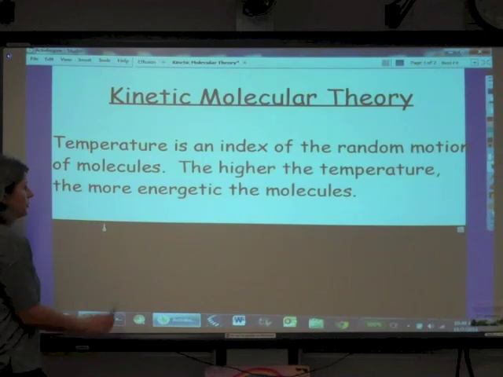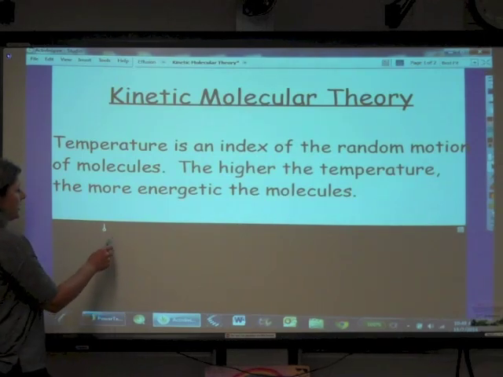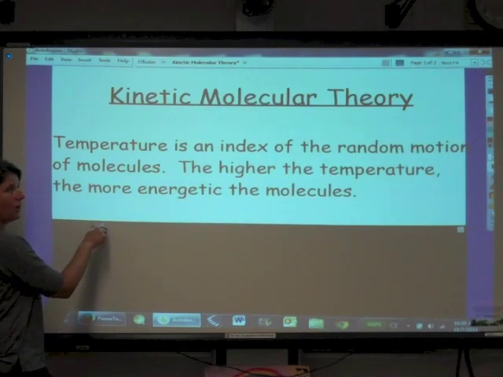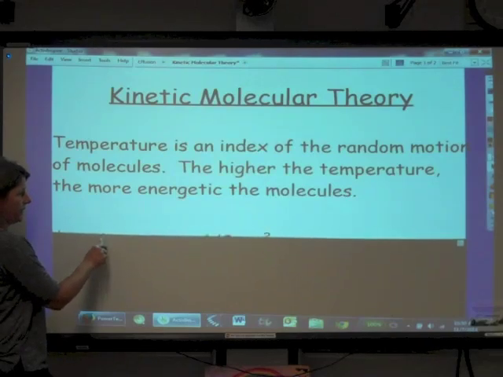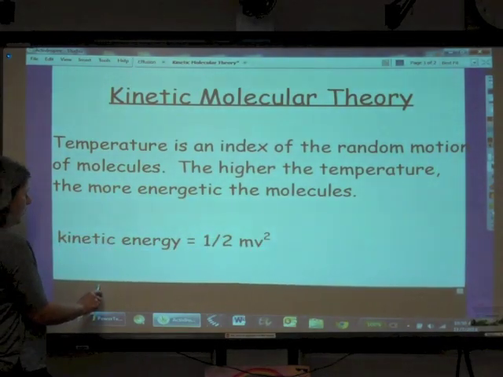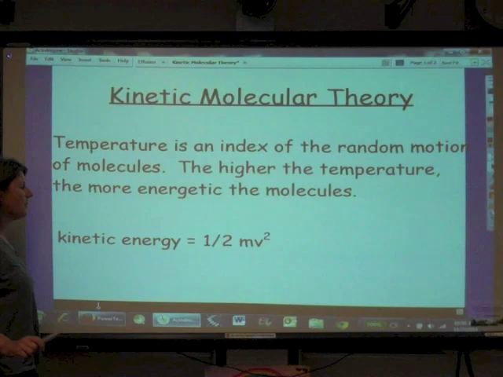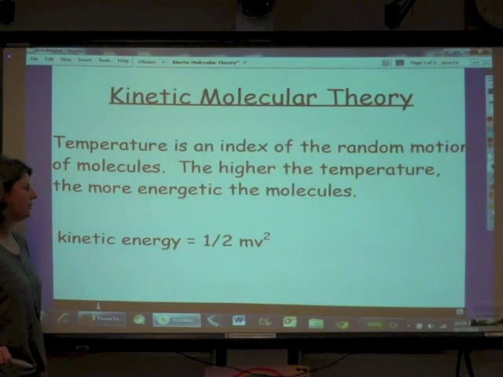Okay, so temperature. Higher the temperature, the more energetic the molecules. Now let's get a little more quantitative than simply that. Temperature and kinetic energy are actually related to one another. And kinetic energy, here's our formula, 1/2 mass times velocity squared.